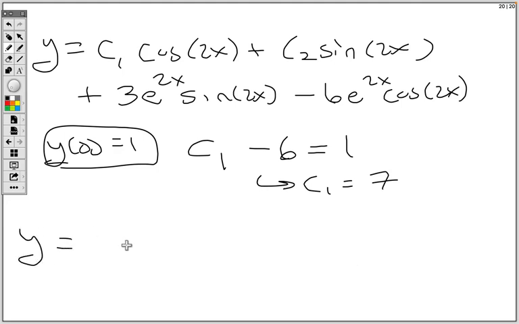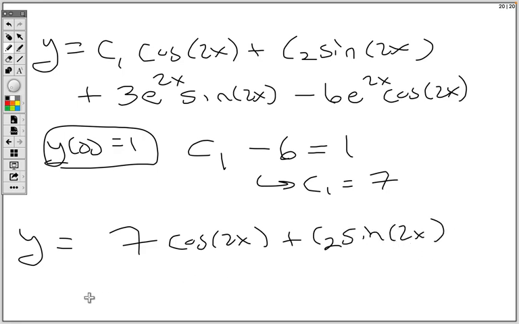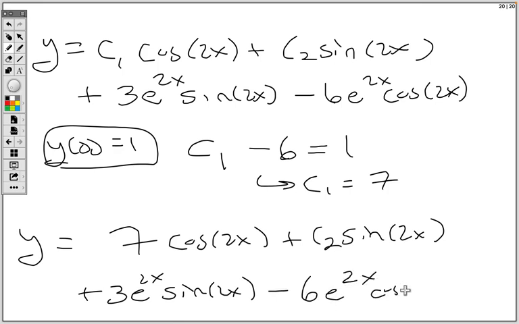So this gives me that y is 7 cosine 2x plus c2 sine of 2x plus 3 e to the 2x sine 2x minus 6 e to the 2x cosine 2x.